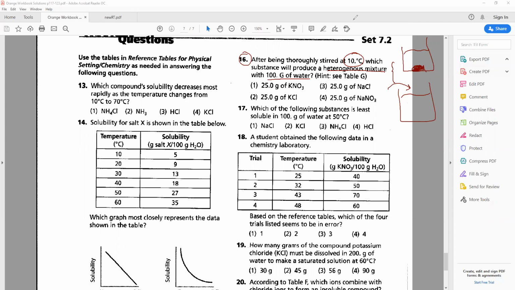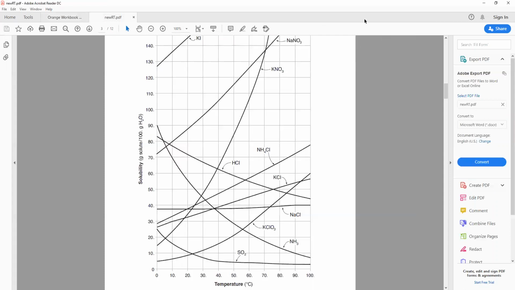So let's go to our reference table and find at 10 degrees Celsius, how many grams of each salt I need to have a saturated solution. So we need KNO3, KCl, NaCl, and NaNO3. So let's go to our reference table. So we're going to go to 10 degrees Celsius, and we're going to look at these graphs.